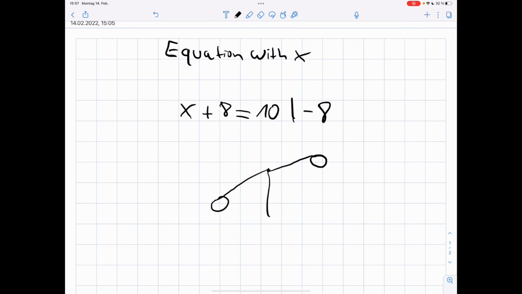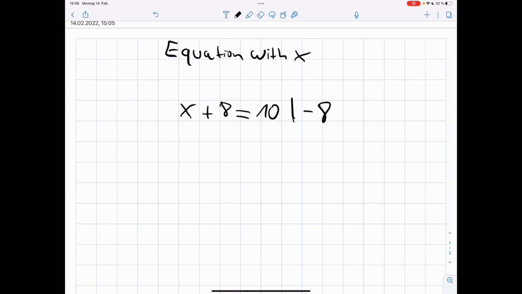When you want this scale to remain constant, so it doesn't change anything, you would, for example, put 1 kilo on this side, and on this side you would also put 1 kilo, and then the scale does not change because you put the same kilogram on both sides. And this is the same for equations. You have to follow this rule. The sides have to be equal, and we make sure that this is the case.